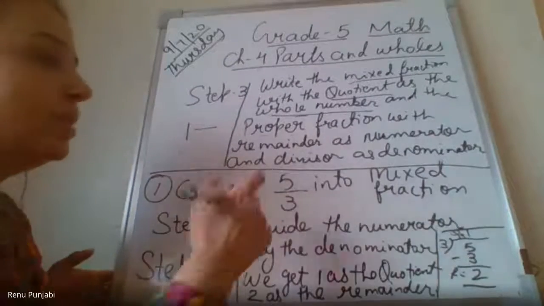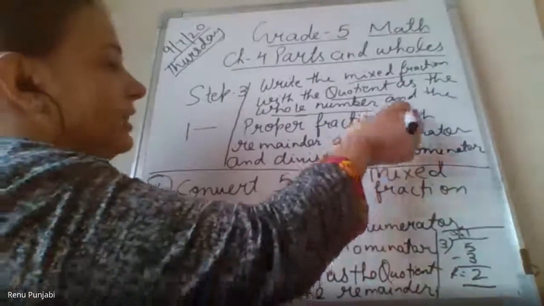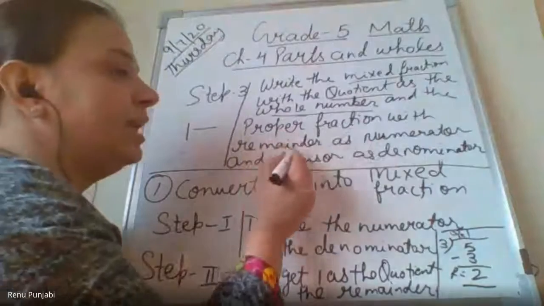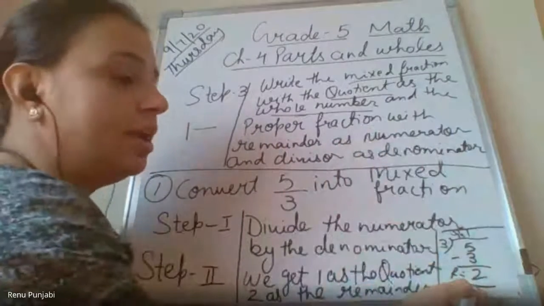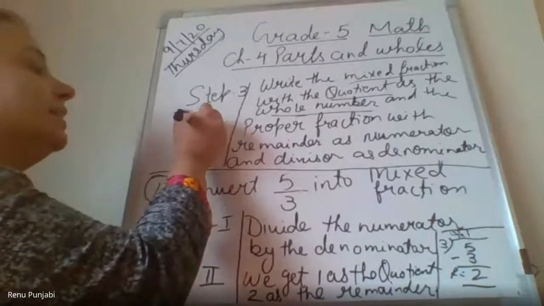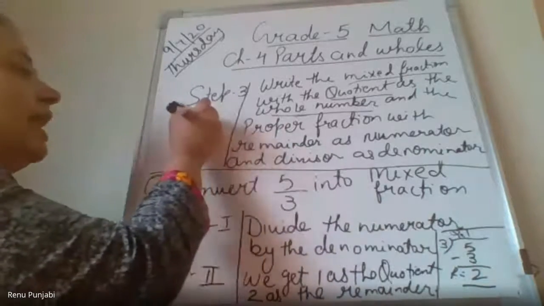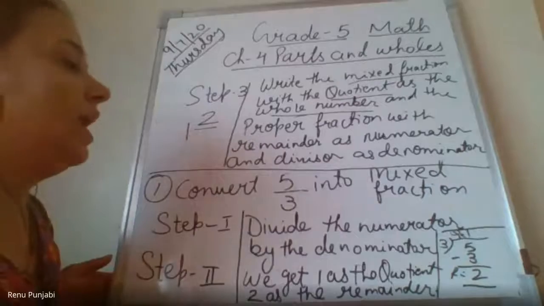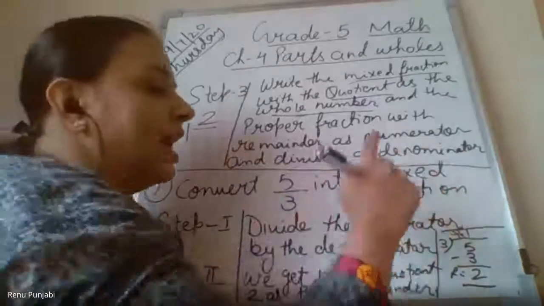Your remainder was 2, that you will write in the numerator, and the divisor as our denominator.